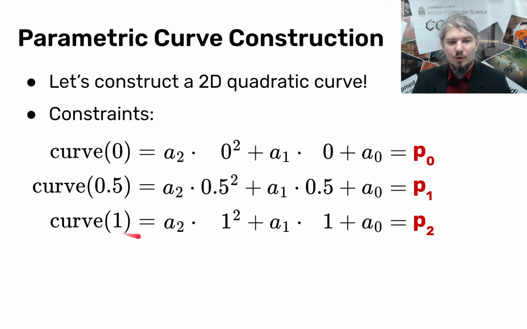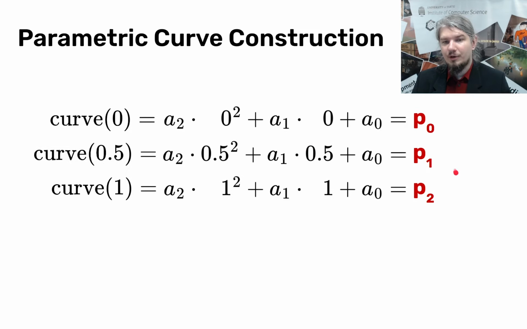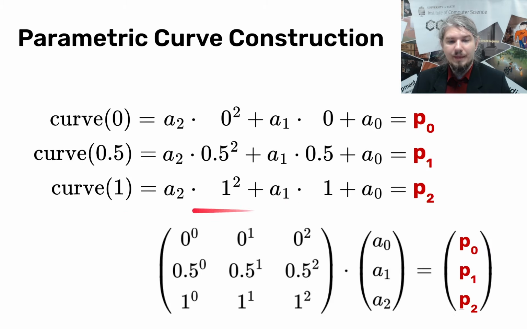And when t equals 1, here we have 1 squared and then 1. Now these three equations and these values that we have here, we're going to write out as a matrix. So we can write out these constraints as this matrix that actually specifies the constraints times this vector of our coefficients that we're looking for, because we don't know what kind of a quadratic actually satisfies these constraints.